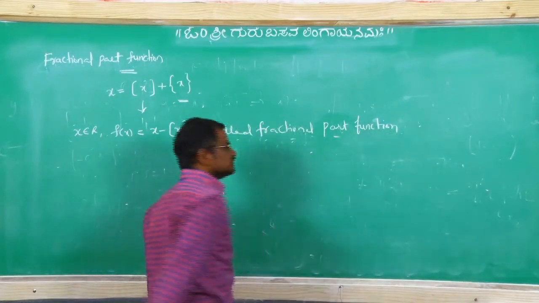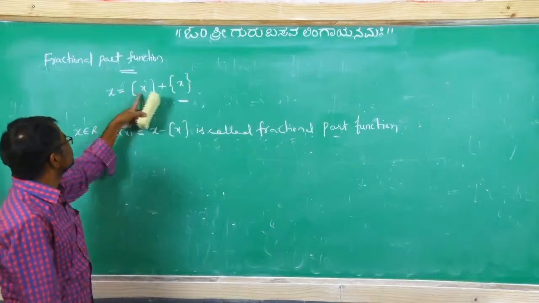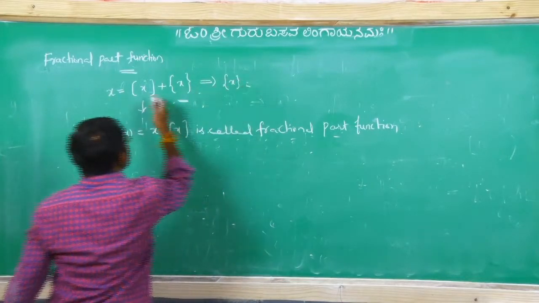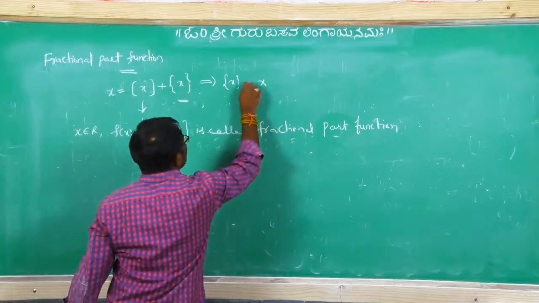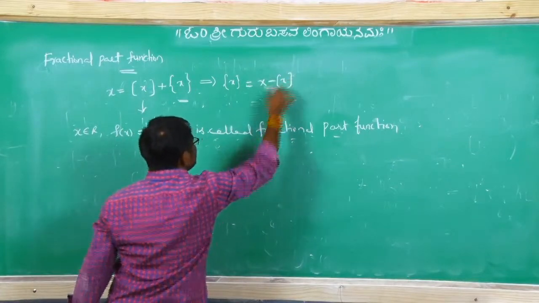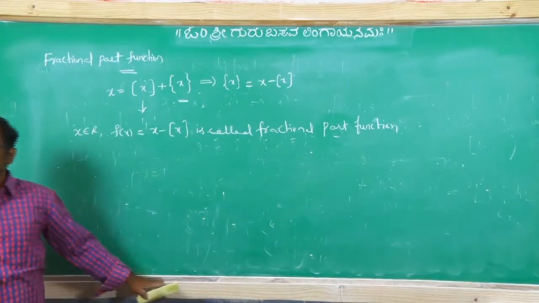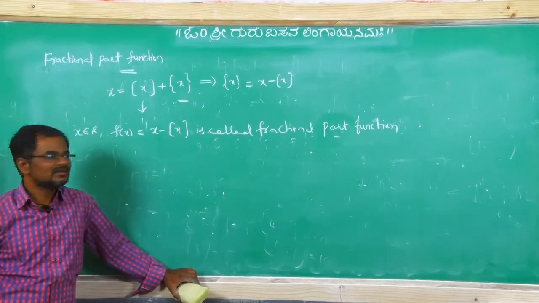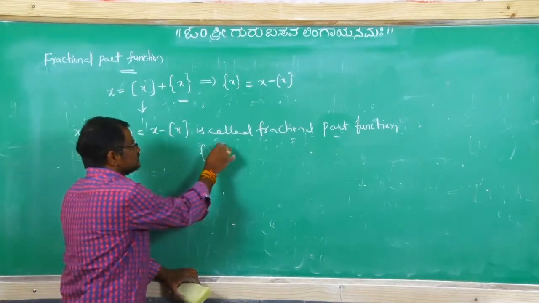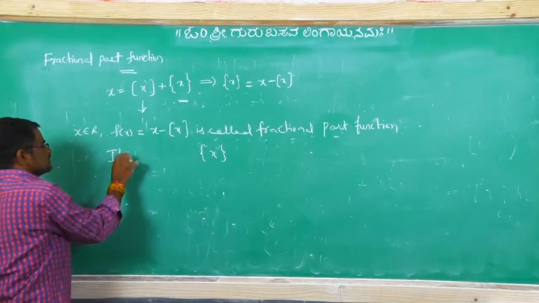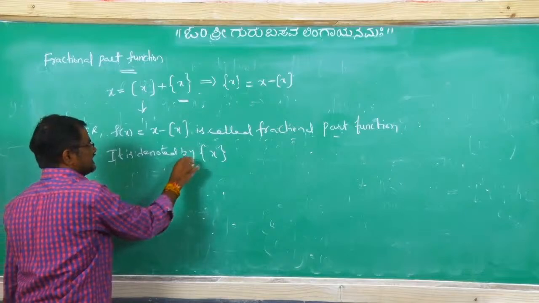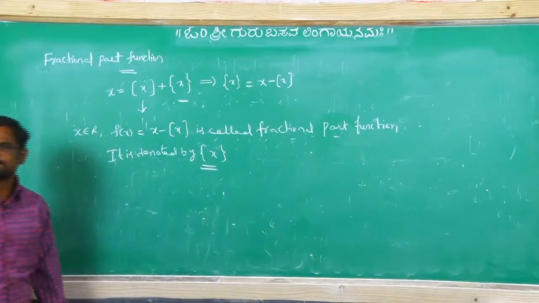If you bring this to this side, the fractional part equals this. What do you get? x minus step x means from the real number you remove the integer, so you get the fractional part only. So it is denoted by this symbol.